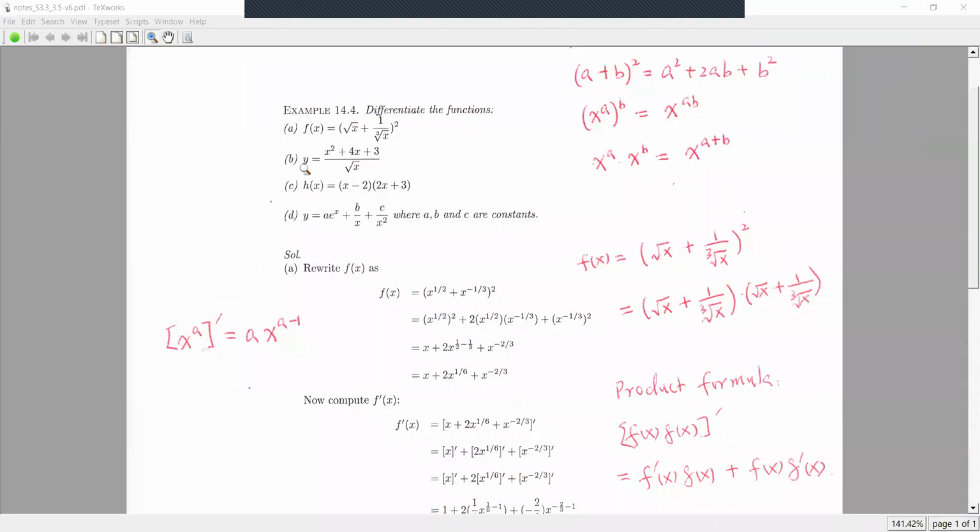Part B. The function in part B is a quotient. So we can use the quotient formula to compute the derivative of this function. But I prefer to simplify the function before I compute the derivative.